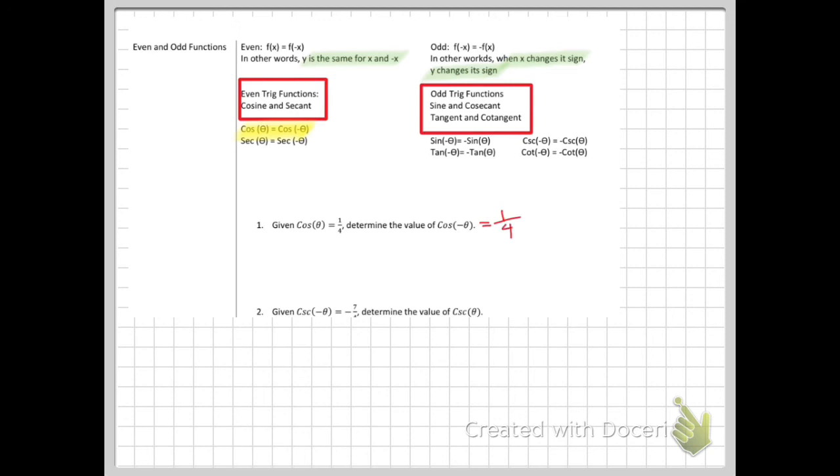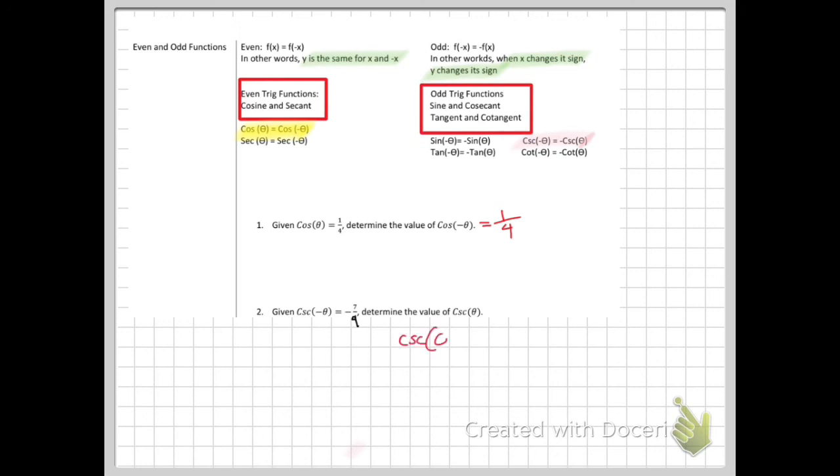Number 2, given cosecant negative theta equals negative 7 over 4. Mine got cut off. Negative 7 over 4, no pi. What would cosecant be? Well, cosecant of negative theta is the same thing as negative cosecant theta. So maybe this one needs an equation.